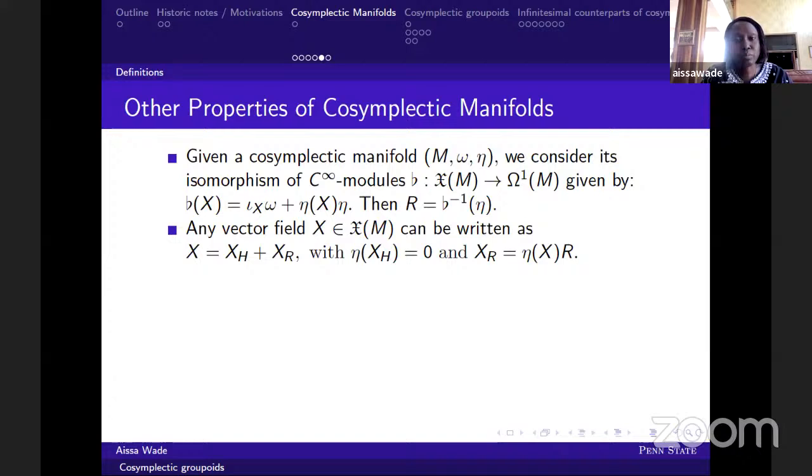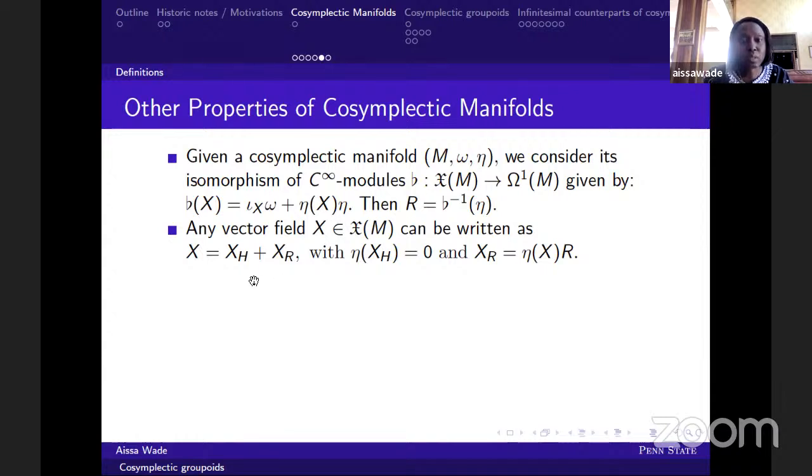Now, another important property: if I start with a cosymplectic structure, then, as I said before, we have this C infinity module defined by the flat map.